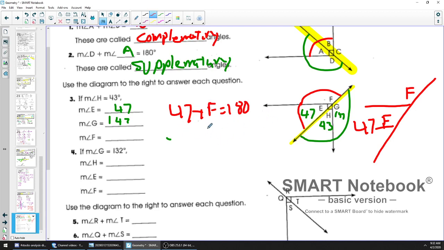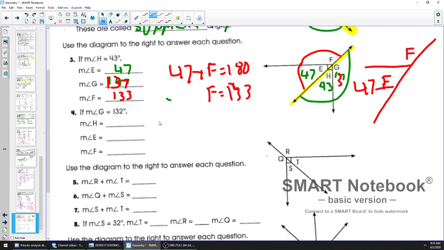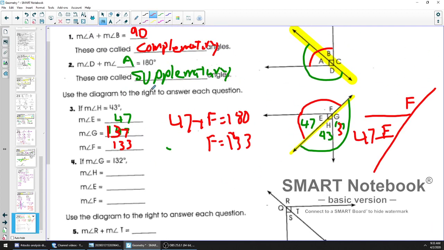If I do the subtraction on both sides, you would figure out F equals 133. I made a mistake. G is 137. There we go. Okay. So that's how you would solve it.